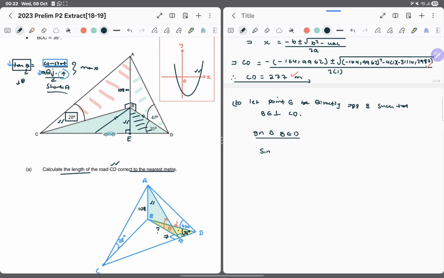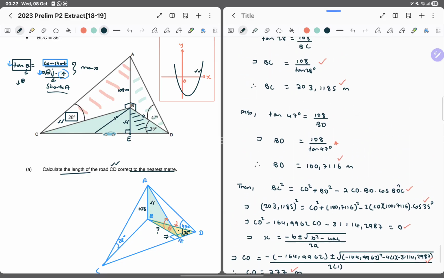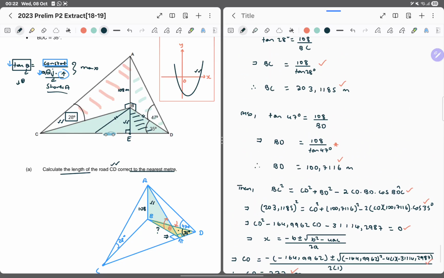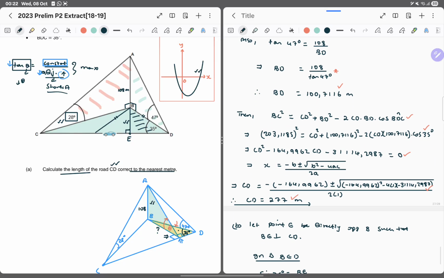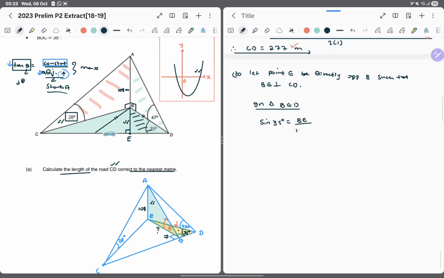So we can just say sine 35 degrees is going to be the opposite side, which is EB or BE. We said BE there, so maybe let's put it as such. BE over the hypotenuse, which is essentially what we calculated above, BD. It was 100.7116.